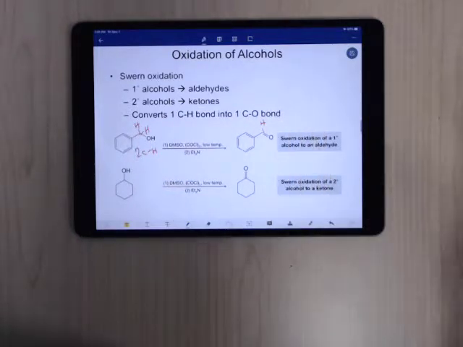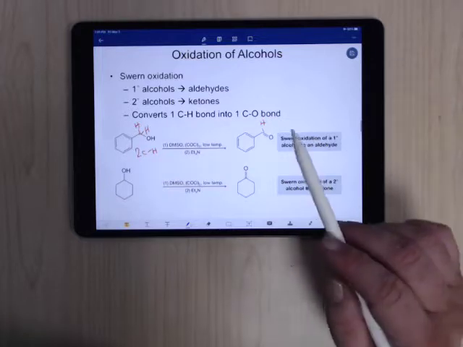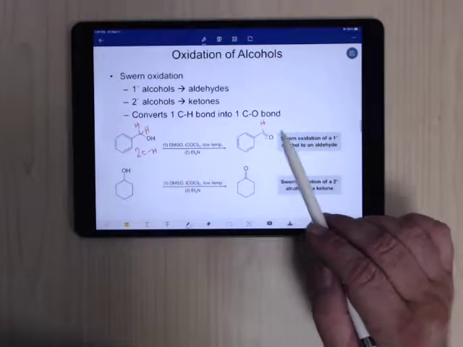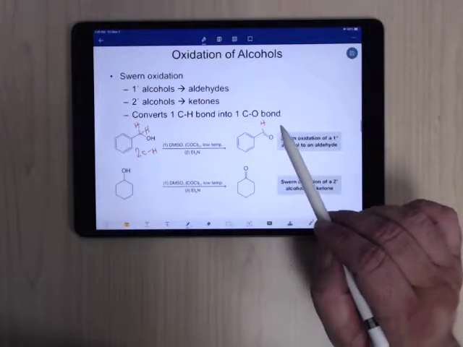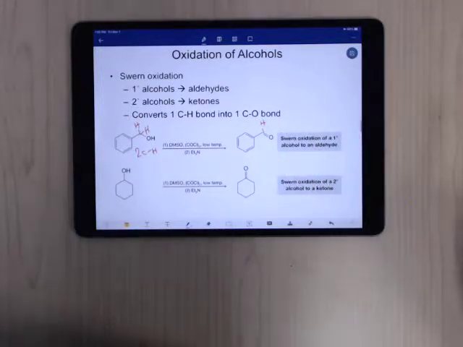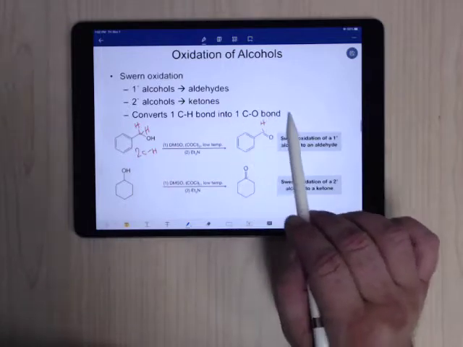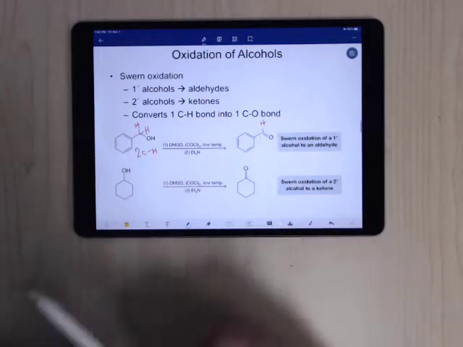One of the problems with a lot of different oxidation techniques is the aldehyde is usually quite reactive, and then you can go on to the carboxylic acid. But for here, it stops. The mechanism is such that it stops at the aldehyde, and that's it.